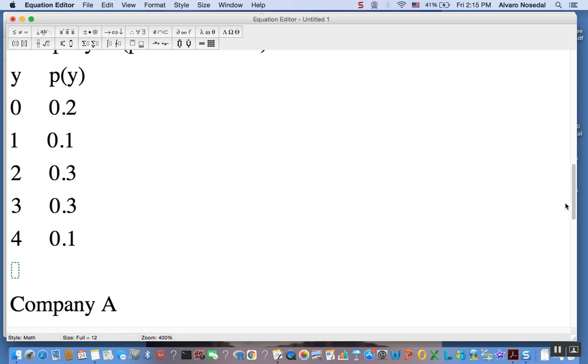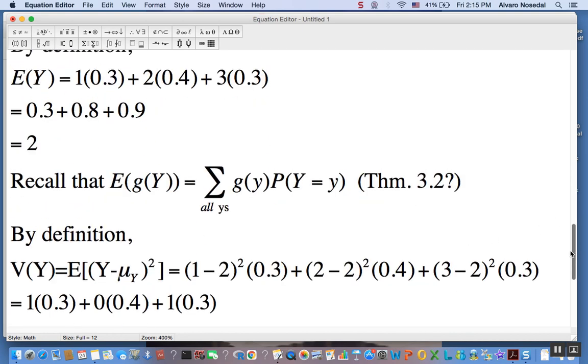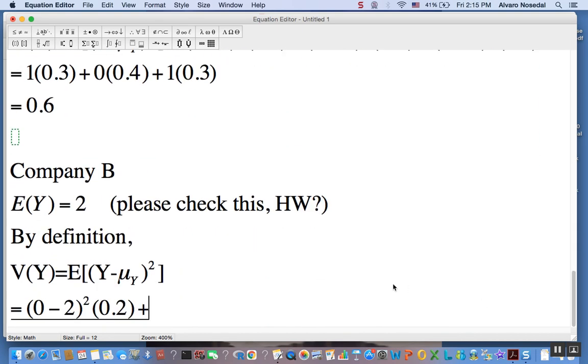Let's do that one too. So it would be 1 minus 2, then we square it, times the probability of observing y equals 1, which happens to be 0.1.